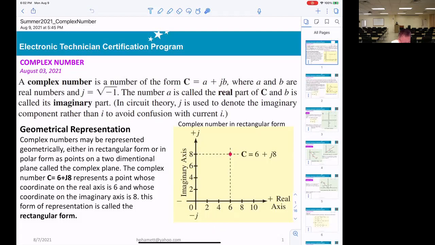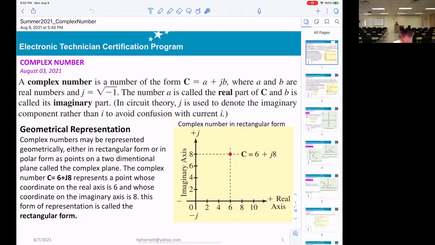Geometrical representation. A complex number may be represented geometrically either in rectangular form or in polar form, on a two-dimensional plane called the complex plane.